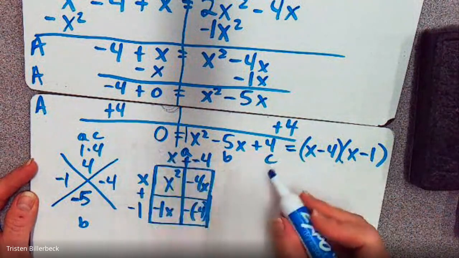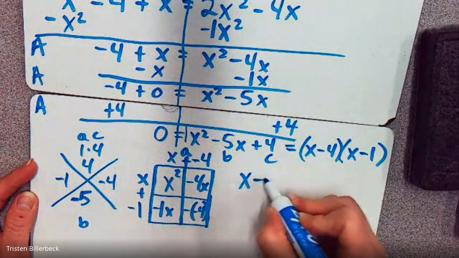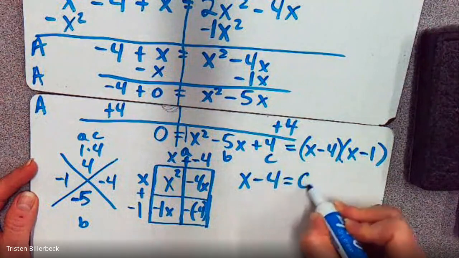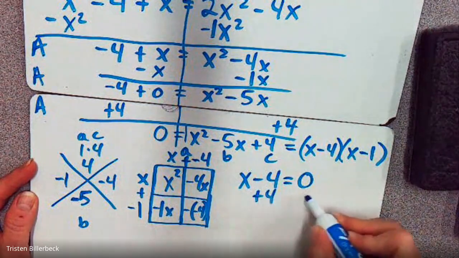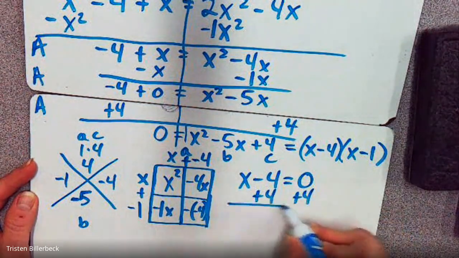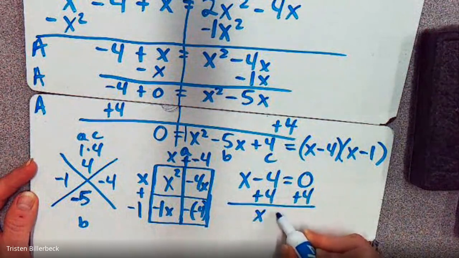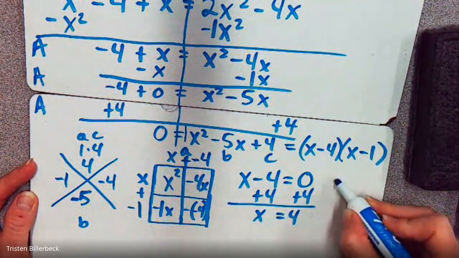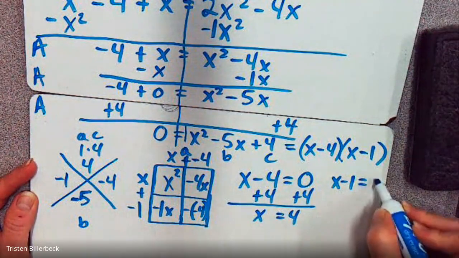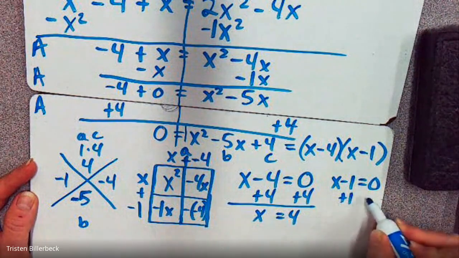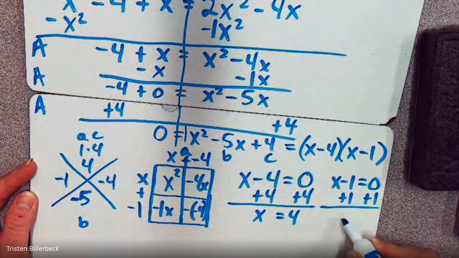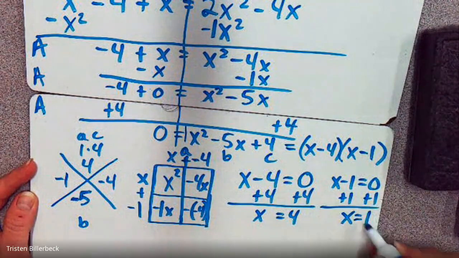So that equals 0. So what that means is x minus 4 equals 0. So we add 4 to both sides, and we have x equals 4. And x minus 1 equals 0, and x equals 1.